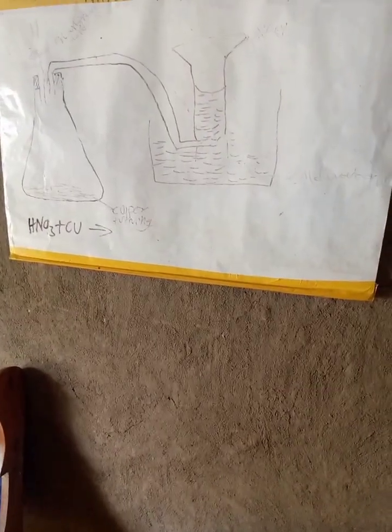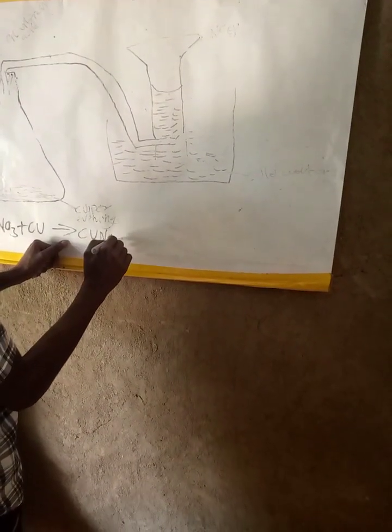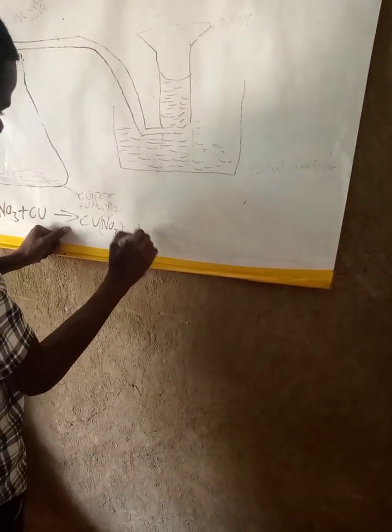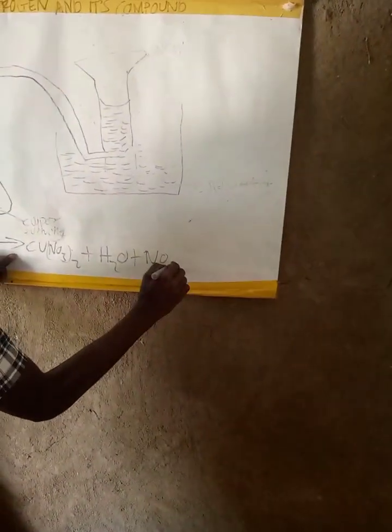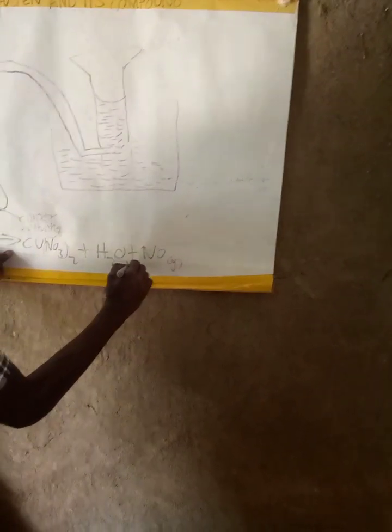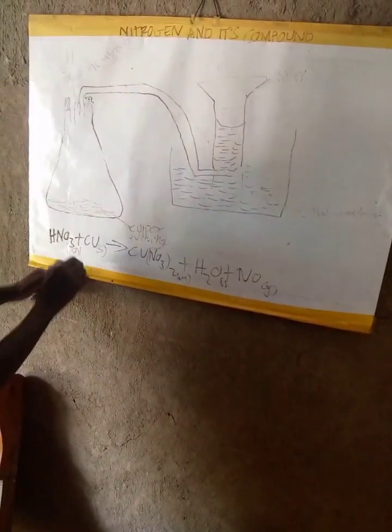We are going to get copper 2 nitrate plus water plus nitrogen 2 oxide. The copper 2 nitrate is a liquid. So you must balance the equation.